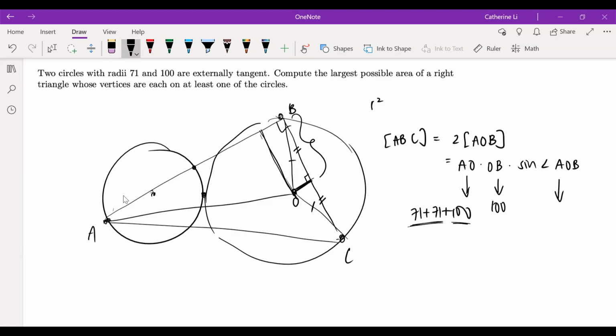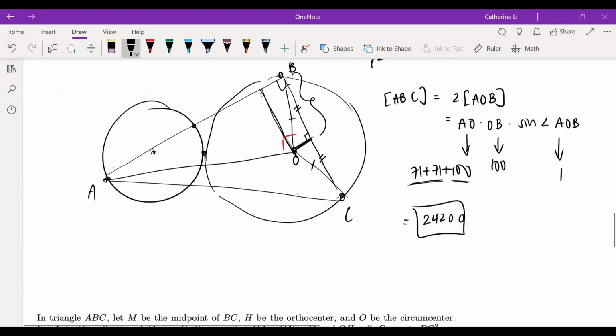And then the largest that the sine of an angle can be is just 1, and that happens when this angle is right. So that's kind of what it would look like if we had the optimal triangle. And if we evaluate this, the answer is just 24200.